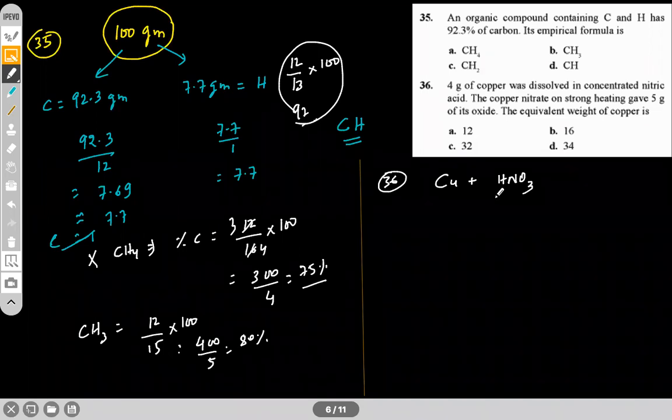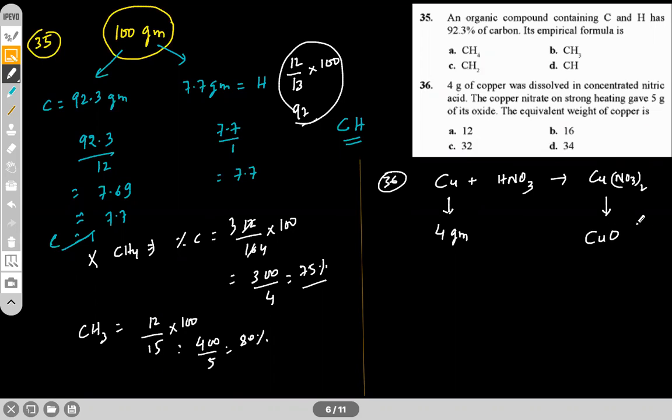Find the equivalent weight of copper. So we have 4 grams of copper, and from this we get copper nitrate, Cu(NO3)2, which converts into CuO, and for this the mass is given, that is 5 grams.